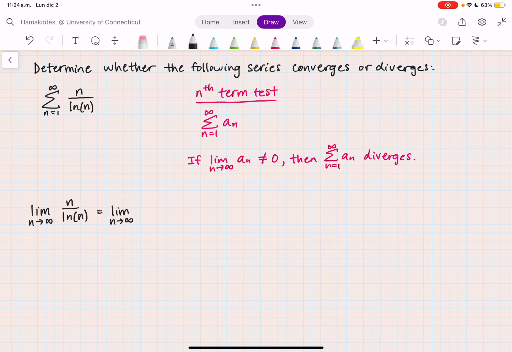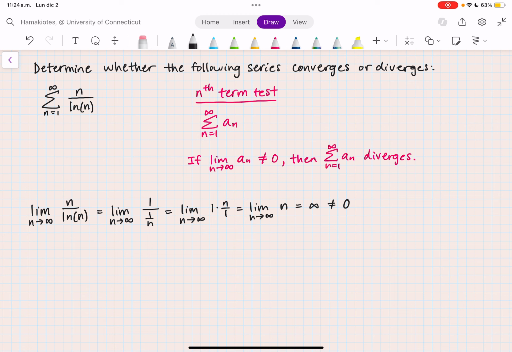So the derivative of n is just 1, and the derivative of ln of n is just 1 over n. So this is the limit as n approaches infinity of 1 times n over 1. So this is just the limit as n approaches infinity of n, which is equal to infinity, which is certainly not 0.